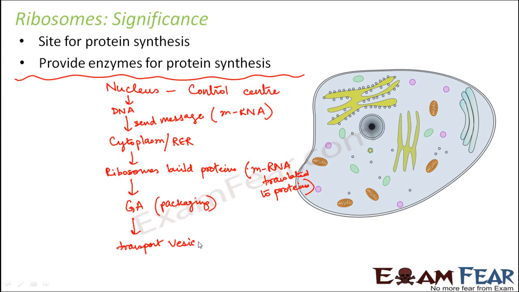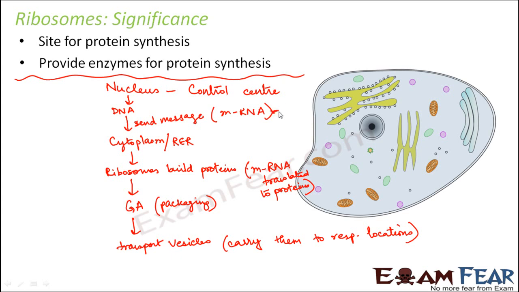Those transport vesicles carry them to their respective locations. What can those locations be? For example, vacuoles or lysosomes. Whichever thing has to go to whichever place, they will reach there. So this is how the entire thing happens.